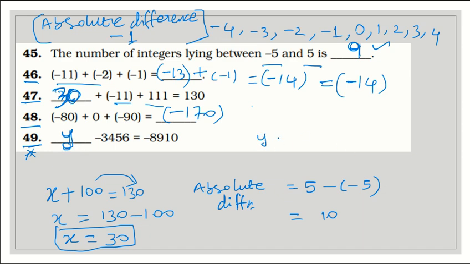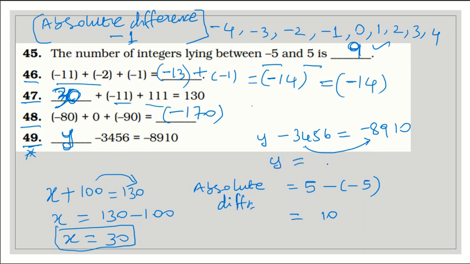So, y minus 3456 equals minus 8910. Here this is a subtrahend. If I transpose this to the other side, it becomes an addend.